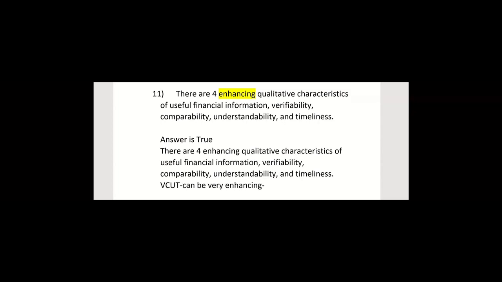And you can remember that a V-cut can be very enhancing. All right, these are the enhancing qualitative characteristics. V, C, U, T. A V-cut can be very enhancing. And here's a little example of how enhancing the right V-cut can be.